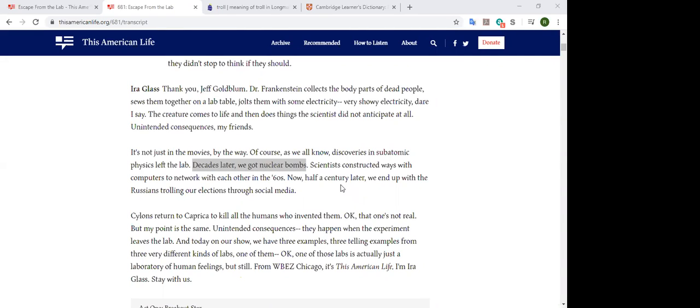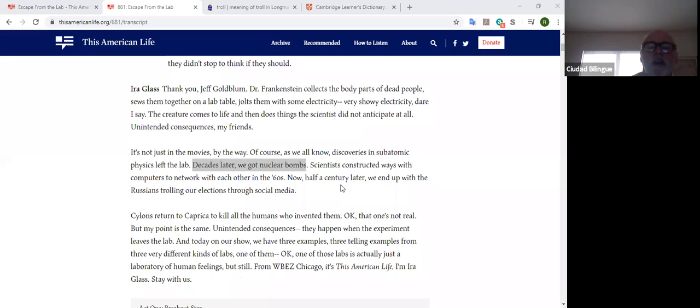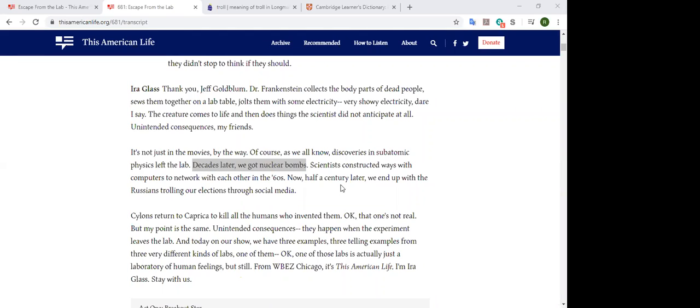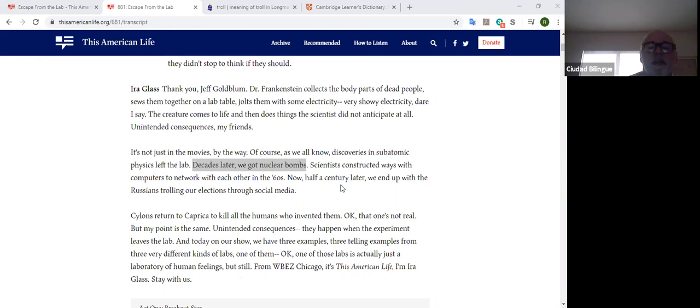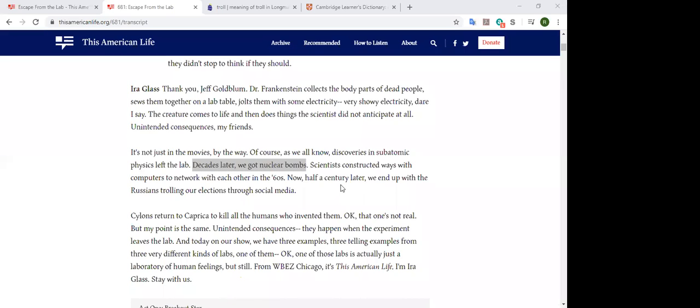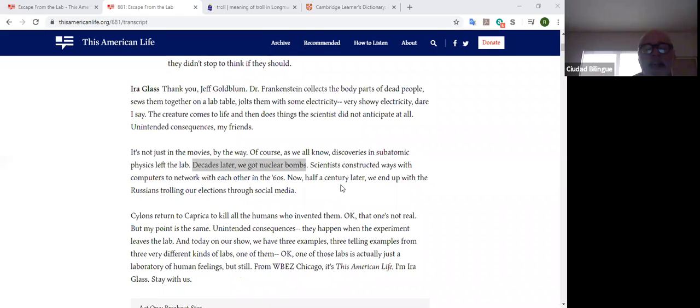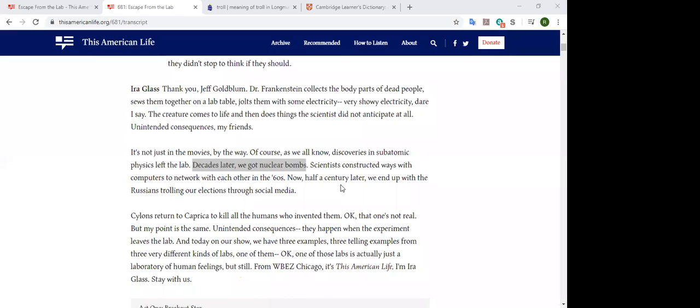Decades later. Did we get nuclear bombs decades later? Yes, we did. Did we get conventional bombs decades later? No, we didn't. So what did we get decades later? Nuclear bombs.